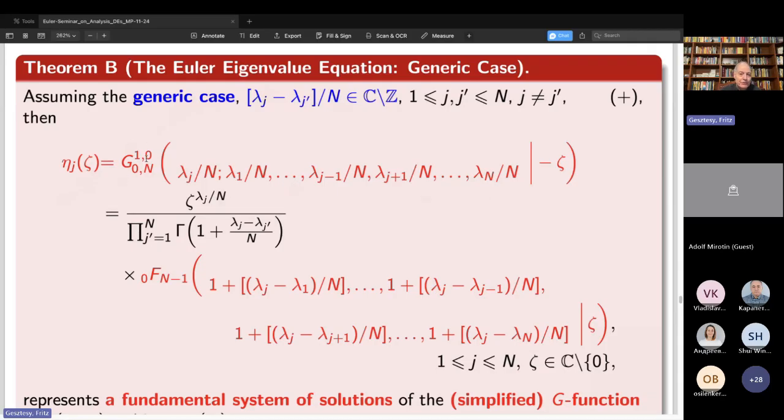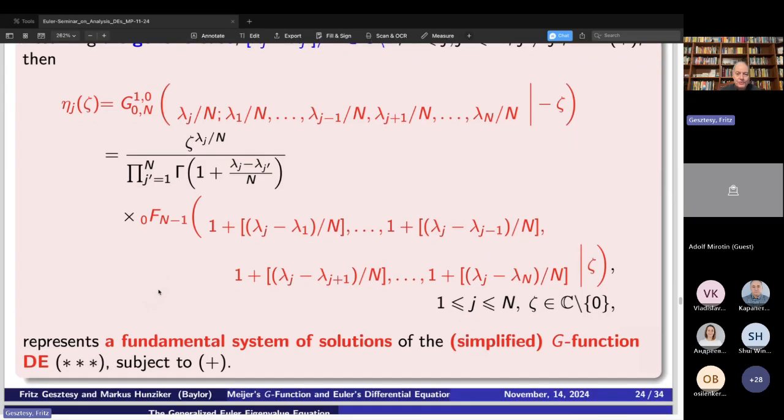We have 0, 0, so there are no a's, so to speak. And in this particular case, if one is in the generic case, so that these differences of parameters, these b parameters as we called them earlier, if their difference is not an integer, then not much happens. You get powers of zeta with exactly the b, so lambda j over n, multiplied by generalized hypergeometric functions. And that's your fundamental system of solutions.